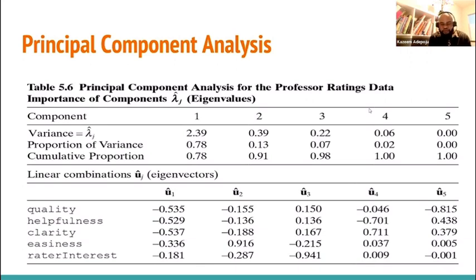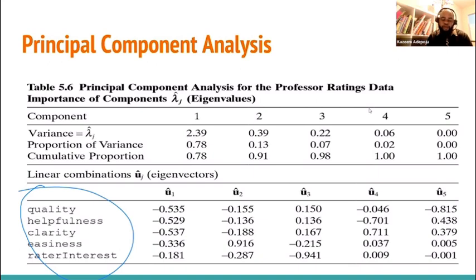In the Rate My Professor data, we consider 5 explanatory variables: quality, helpfulness, clarity, easiness, and rate of interest. These are the variables that we collected data on.